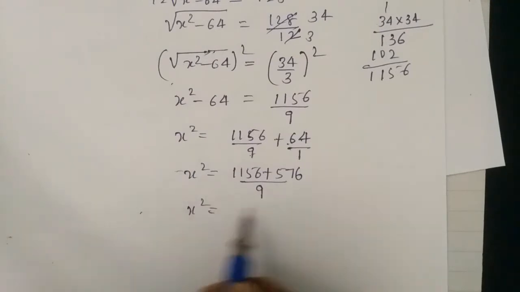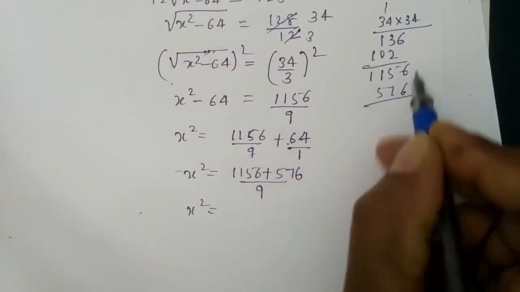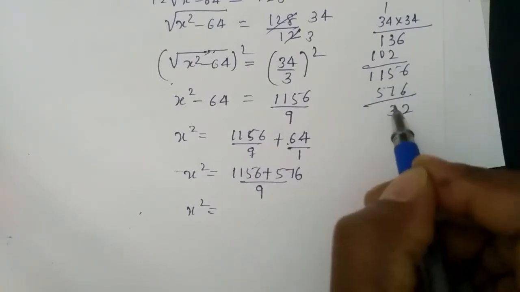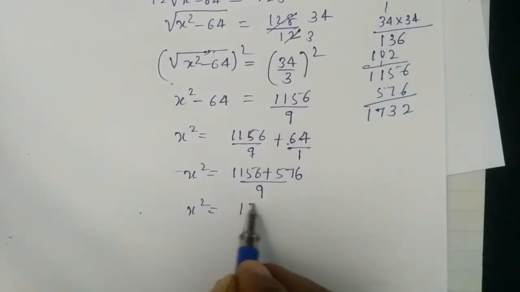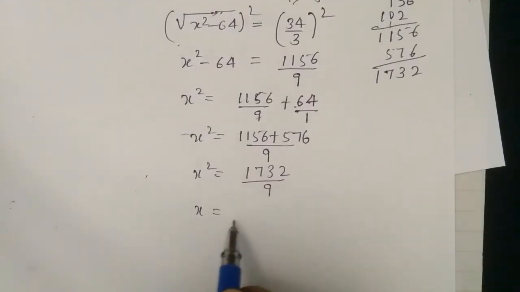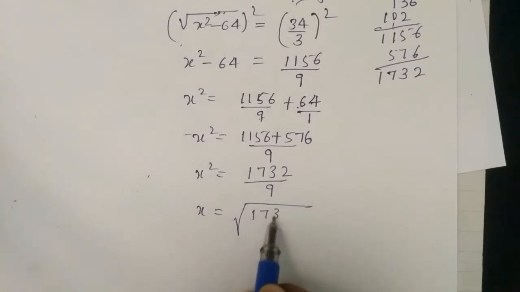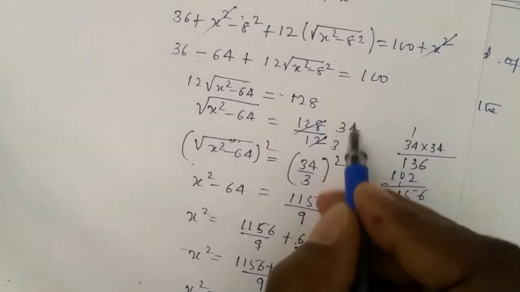So x square is equal to, we'll add 1156 plus 576, we'll get 1732 whole divided by 9. X is equal to square root of 1732 by 9. So root 9 value we know 3.